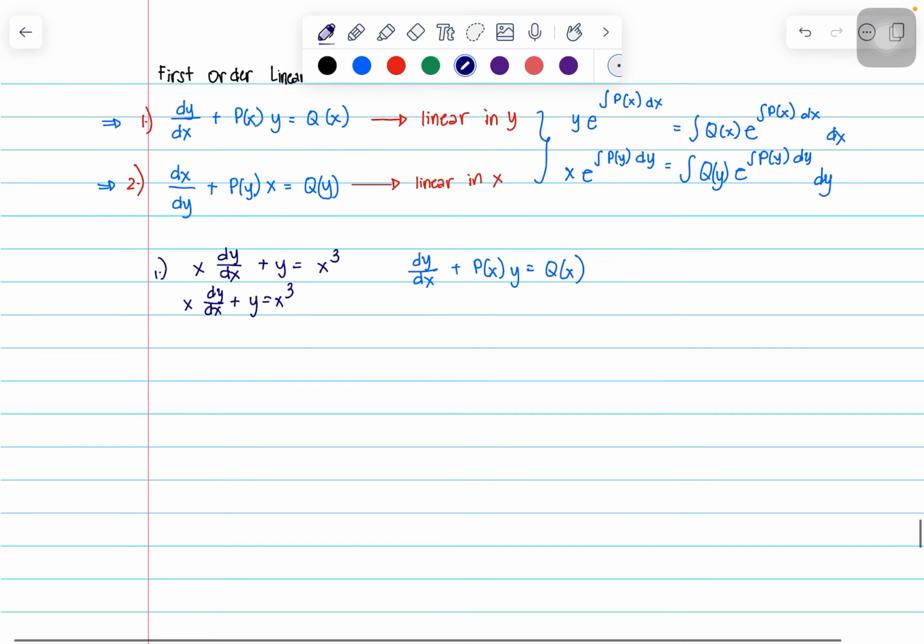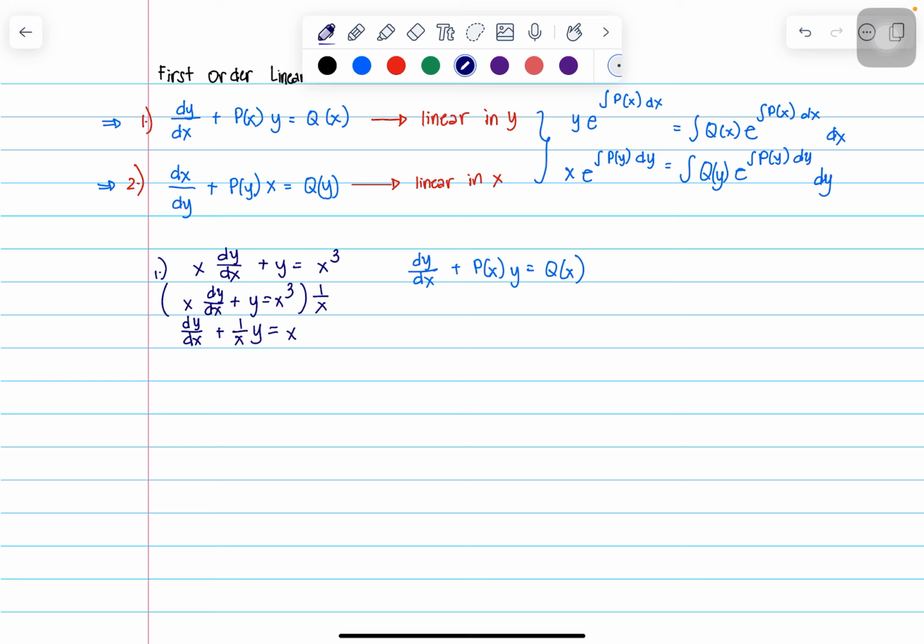Now we need to multiply the whole equation by 1 over x. So what happens? The first term cancels out x, leaving dy over dx plus 1 over x y is equal to x cubed divided by x, which is basically x squared. Now it's already in the form of the first equation.